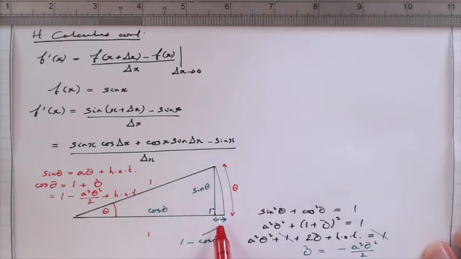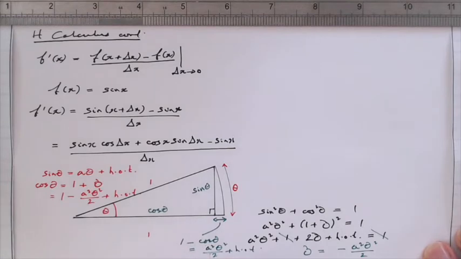But do you see how this little length here, which is 1 minus cosine of theta, is a squared theta squared over 2 plus higher order terms? Do you see how this is not equivalent to these other two lengths? This is actually getting smaller as theta squared.